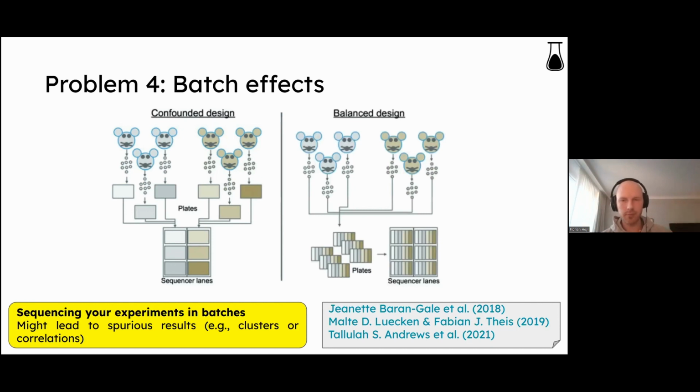You can also do it randomly. Here it's a bit more organized, but basically you scatter these cells on different lanes, and therefore you get different technical variances, which you can later use to predict the technical variance and to remove it.